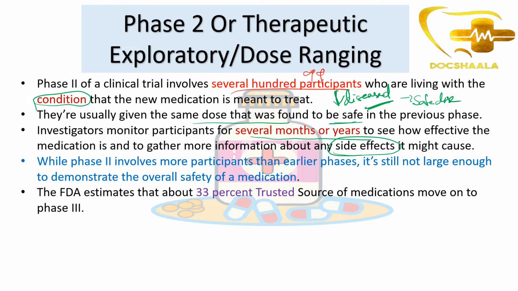It involves more participants, but it is still not large enough to estimate the overall safety of the medication. That means once a drug has passed phase 2, it is still not safe to give to a larger population. The FDA estimates that about 33% of medications move on to phase 3.